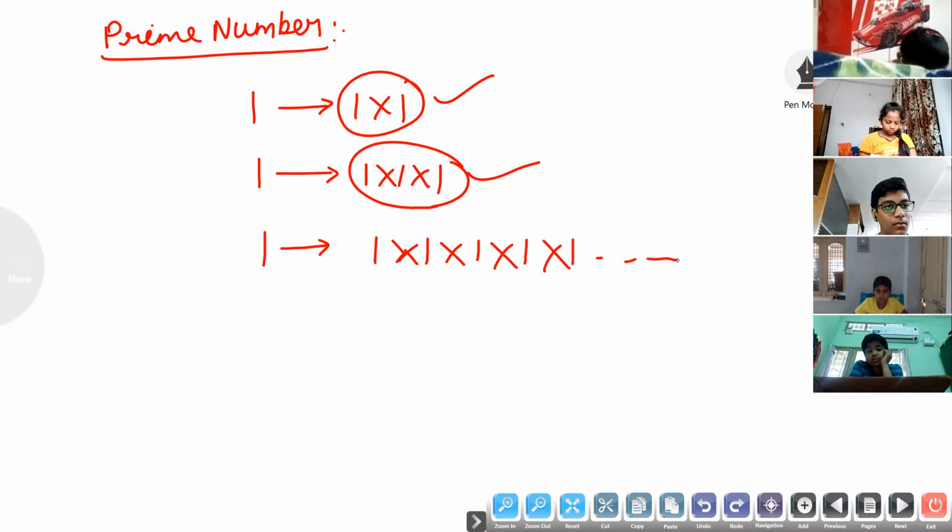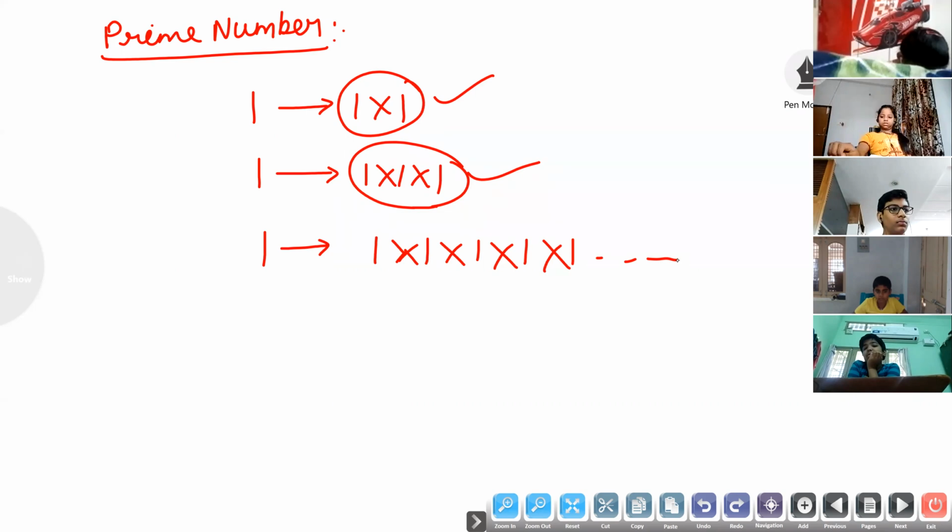Means here 1 is not fixed. 1 is going anywhere, along with prime number also, along with composite number also. That's why 1 is not fixed. That's why we can say 1 is neither a prime number nor a composite number.